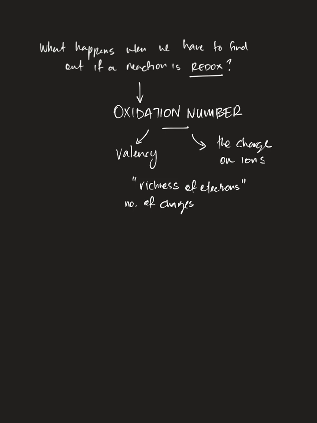Now when we look at things that are covalently bonded like hydrochloric acid and they're sharing electrons, we can assign oxidation numbers where we pretend that it was ionic and what would the hydrogen and chlorine look like. Right? So these oxidation numbers, or the rules, you have to know them, because if you don't know it off by heart, when you get a reaction in an exam, you're going to have a lot of issues because you won't know what to do from that point onwards.